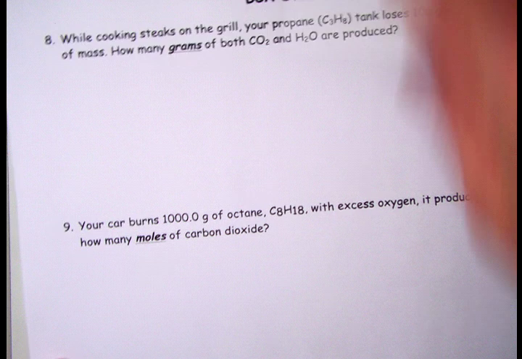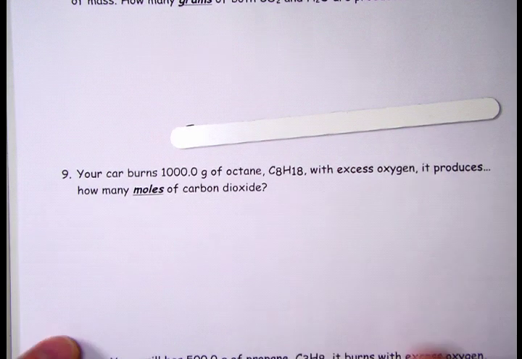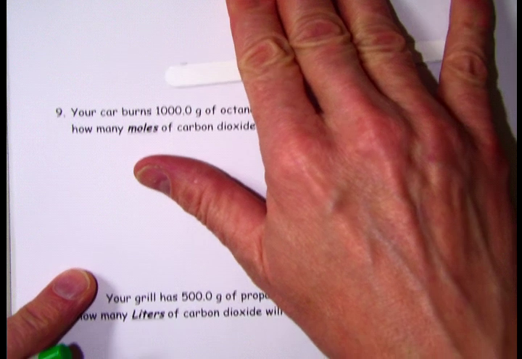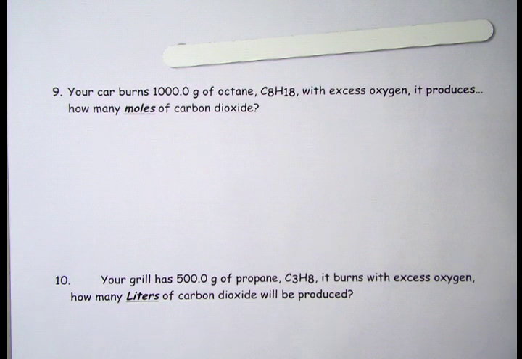I'll do one more here, one of the BCA problems. Remember, these things at the heart of them are all about a complete balanced reaction. That's what you need to get every single time. So we'll start with that. This says your car burns 1,000 grams of octane, gasoline, C8H18, with excess oxygen.